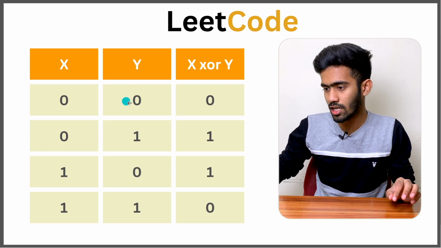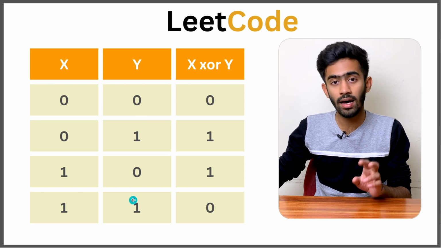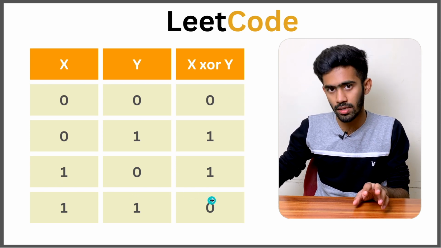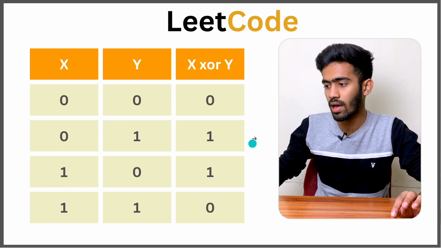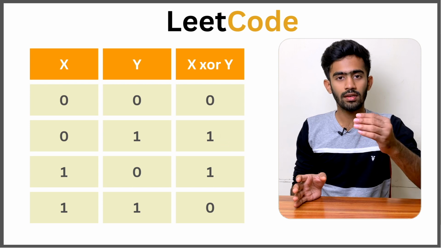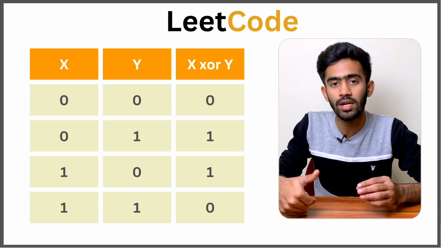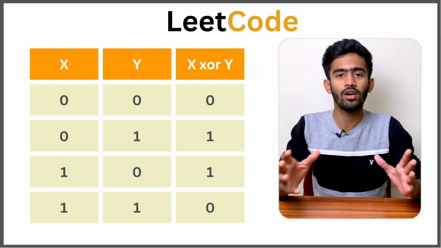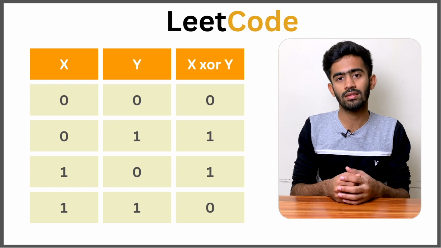As you can see, 0 and 0 are the same inputs, hence the output is 0, and 1 and 1 are the same inputs, and hence the output is 0. But if the inputs are different, 0 1 and 1 0, the output would be true or 1. So if the inputs are the same, the output is 0. If the inputs are different, the output is 1. As simple as that. We are going to use this exact concept in order to solve this question.